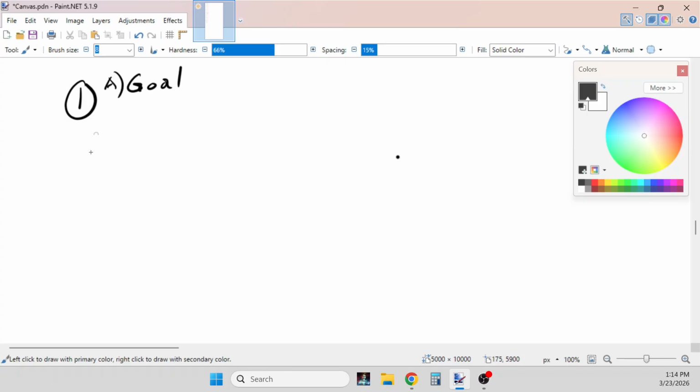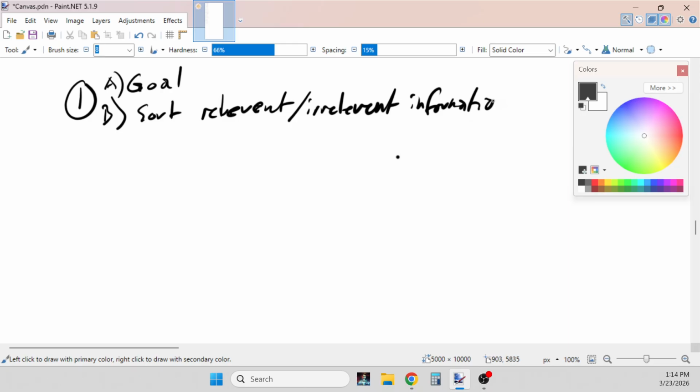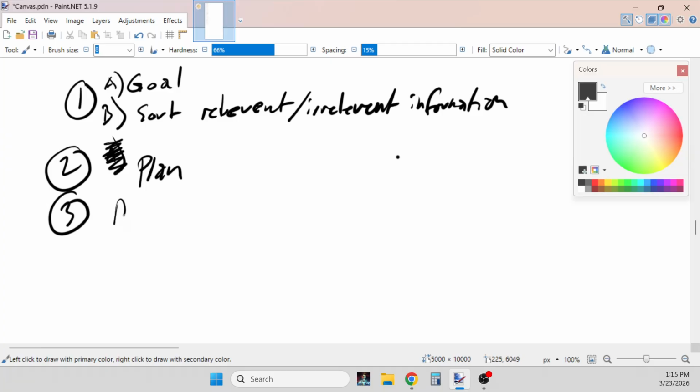I think that's 1A. 1B is to sort relevant and irrelevant information. 2 is just plan. 3 is to do the plan. 4 is to reflect.